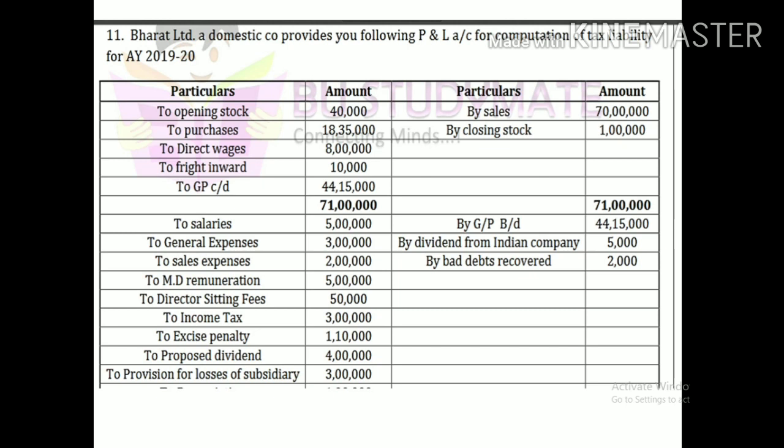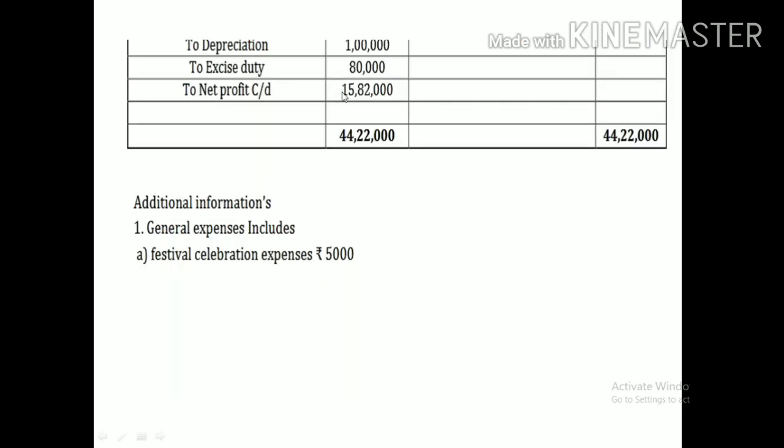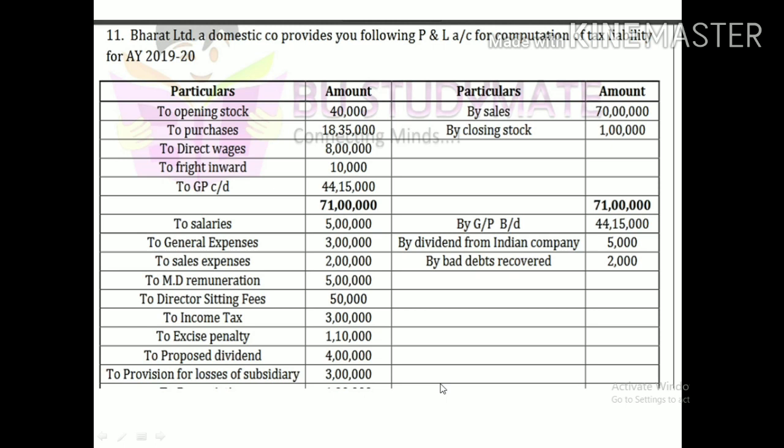Okay. According to that format, please remember the format. First you should take profit as per profit and loss account. How much? 15,82,000.